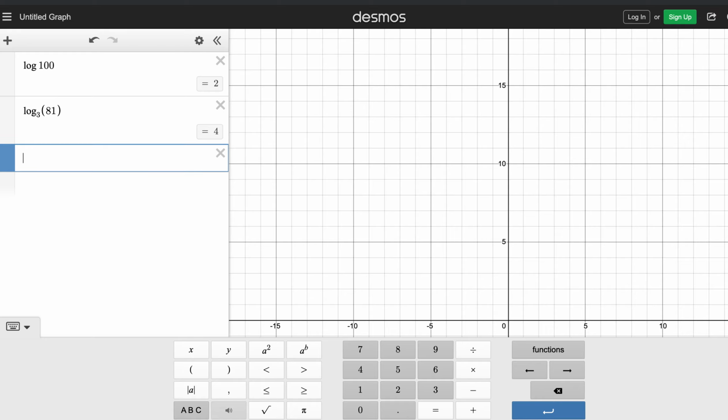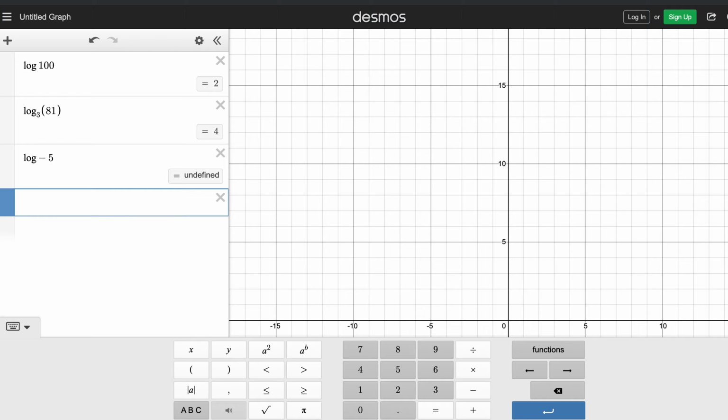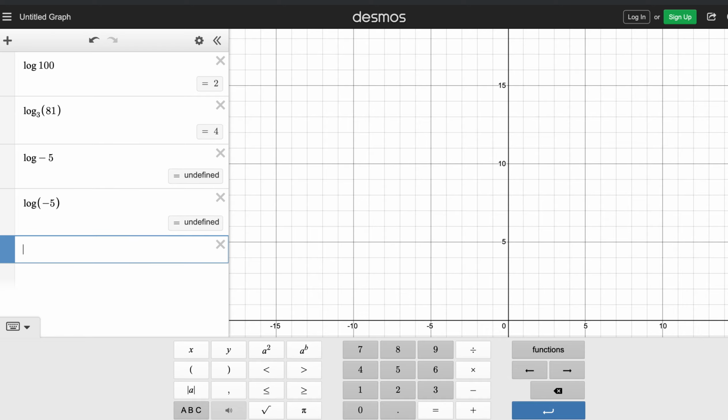And if you try something like log of -5, it says undefined. Still undefined. How about negative log of 5? Well, that's a value, because you're taking -1 times that.